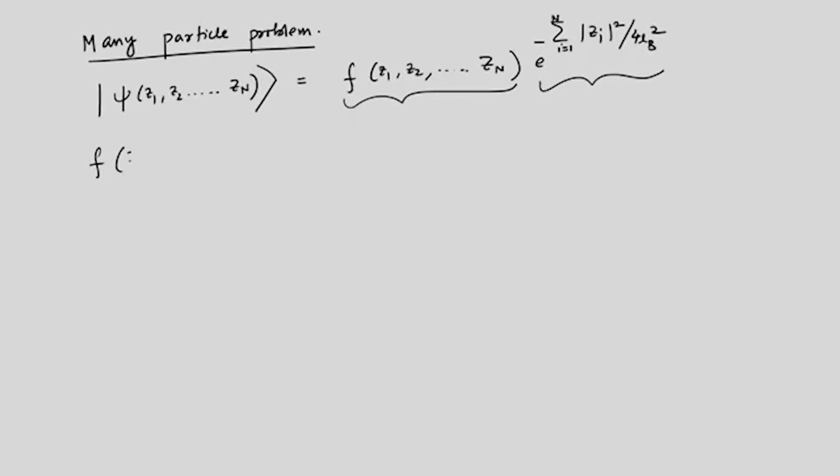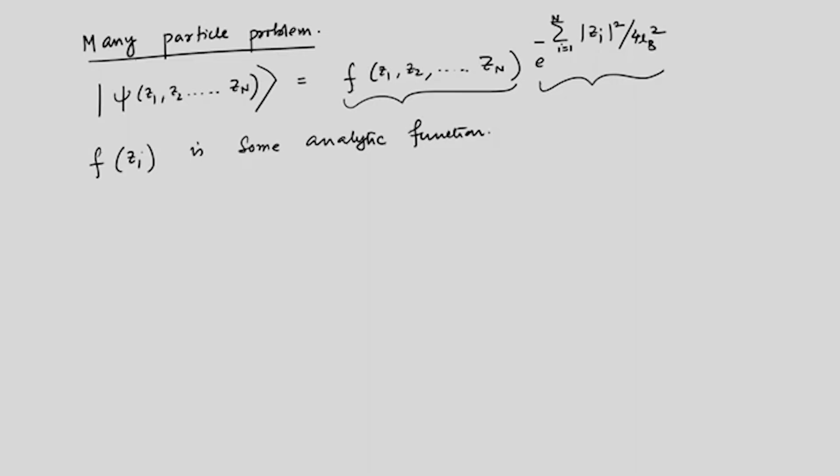Okay, so this is what we have done, and so f of z, let us call it f of zi, is some analytic function. It means that it is a well behaved function everywhere for all coordinates z1, z2 and so on.